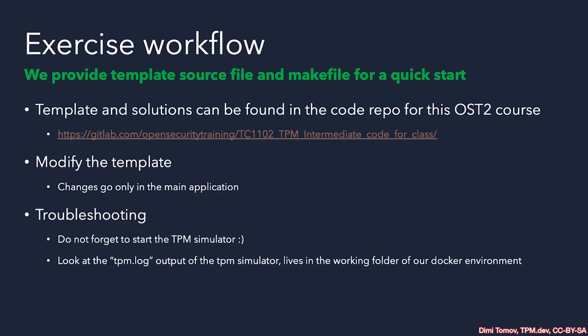The important thing is that you run the Docker container, build the template app, and see that it works. And what it will do is actually just get you a random number, and this way, you know, okay, I'm able to talk to the TPM simulator using eSAPI. You can look at the source code and you can prepare yourself for the modifications moving forward.